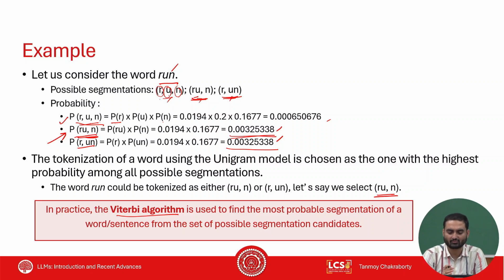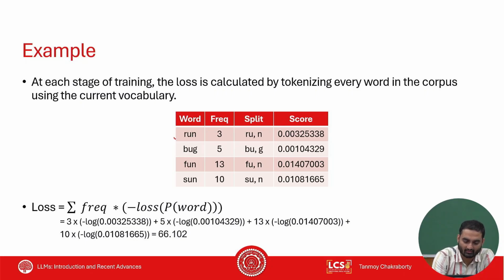So we use the Viterbi algorithm to make the entire computation efficient. But at the end of the day, the end goal is to measure the probability for every split. So for the word run, whose frequency is 3, the base split that we identified is RU comma N, and the corresponding probability is this one.